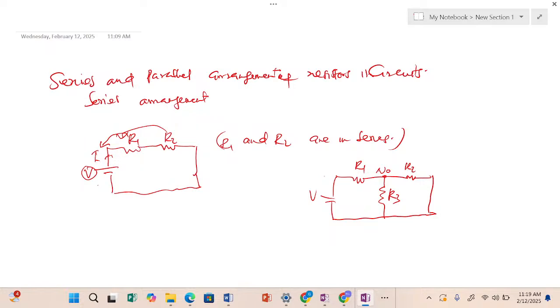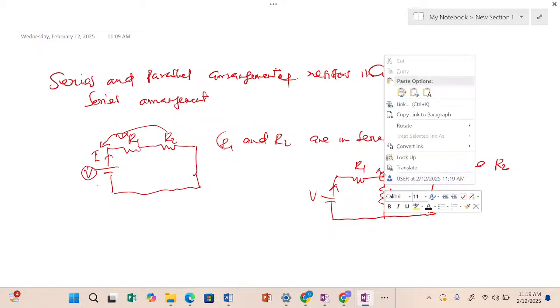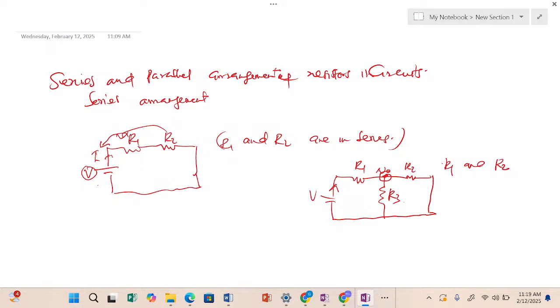So as soon as you have a node between two resistors, it prevents it from being in series arrangement, right? So with this circuit, although I've not introduced parallel to you yet, you can't say that R1 and R2 are in series. No, because there is a node here. As soon as current moves from this voltage, when it gets to this node, the current will split. So R3 will have its own current, and then R2 also has its own current. So R1 and R2 are not in series. Please get that difference very well.